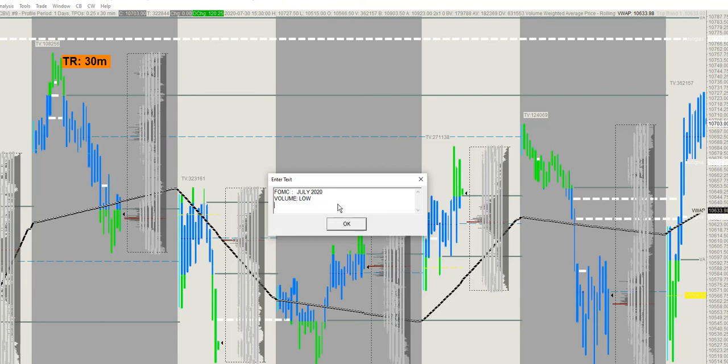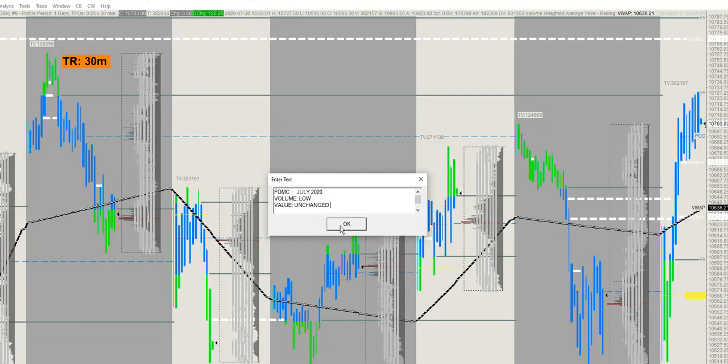What's important in my trading is, was there fundamental news this day, which was FOMC, and then how was the volume compared to previous days, and then value. It's not complicated. Value here was at this level. The blue here is value, and the blue here was again value. So I'm just going to put value unchanged. There's no real major difference in value here. And then FOMC.